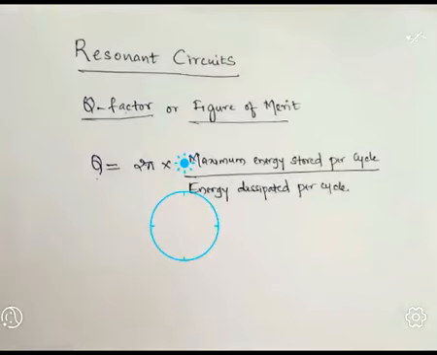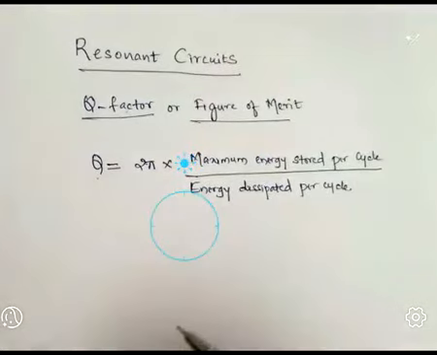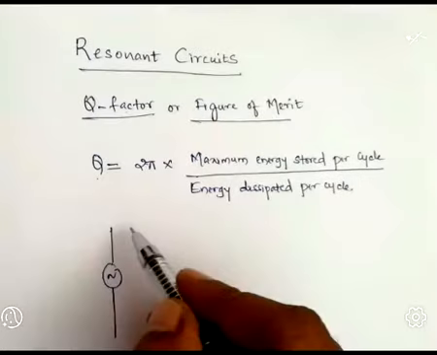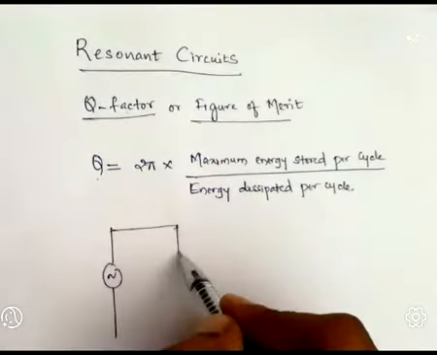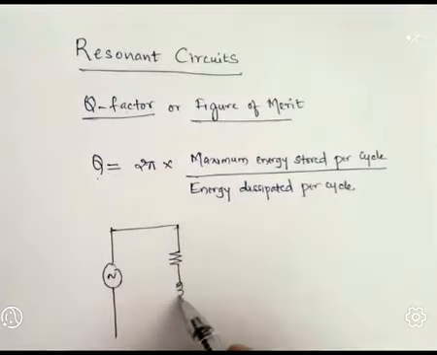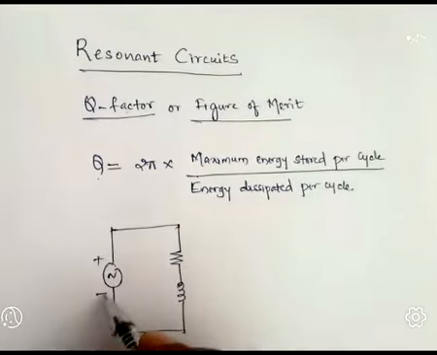See here, I'm going to sketch one simple circuit. Supply voltage is connected in series with a resistor and in series with an inductor. This is plus minus polarity.